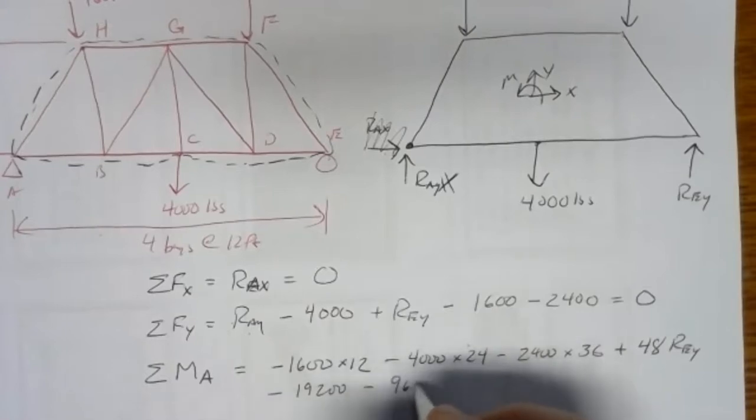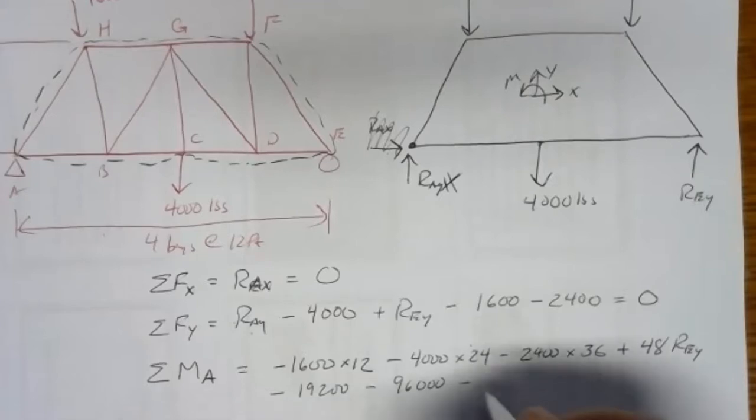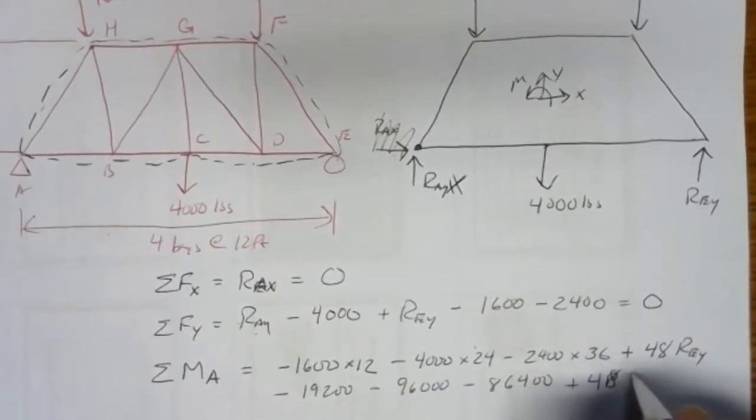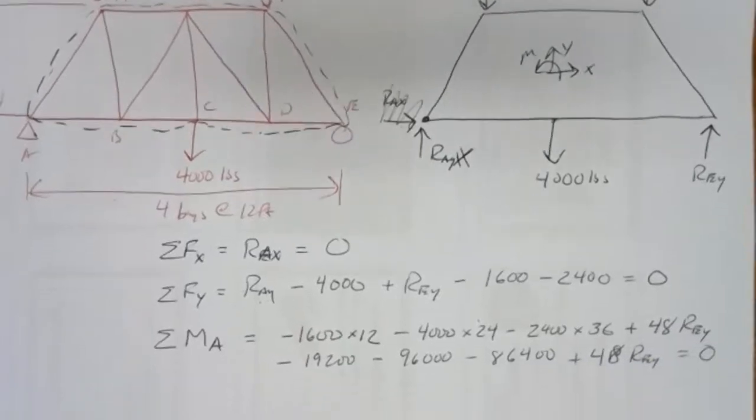That's 96,000. 2,400 times 36. That's minus 86,400 plus my 48 REY, and that equals 0.